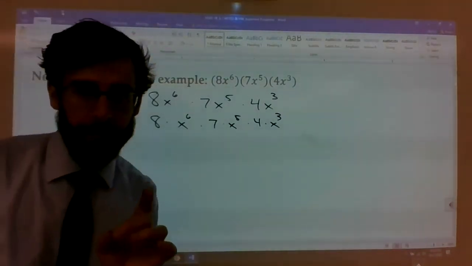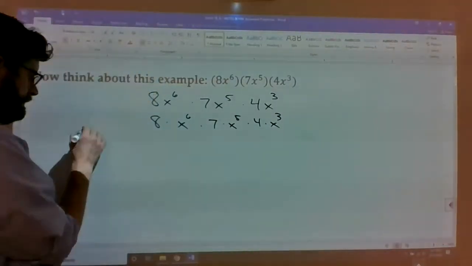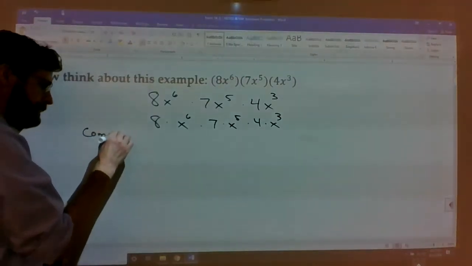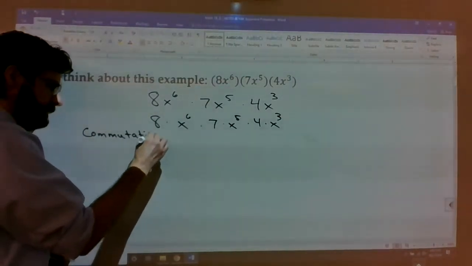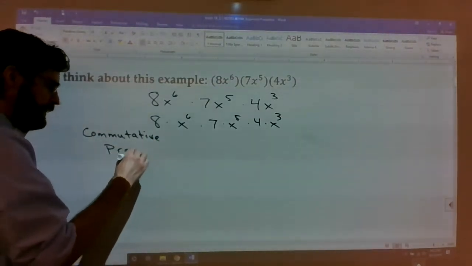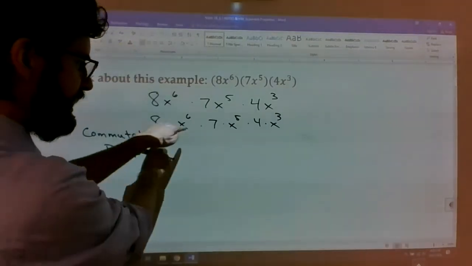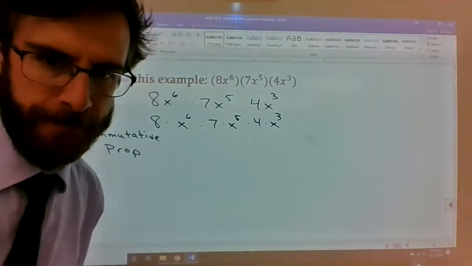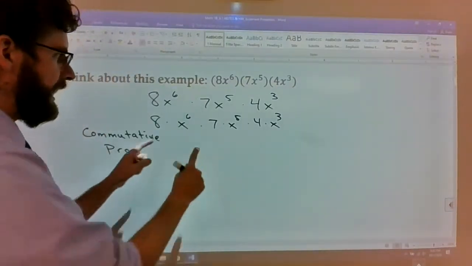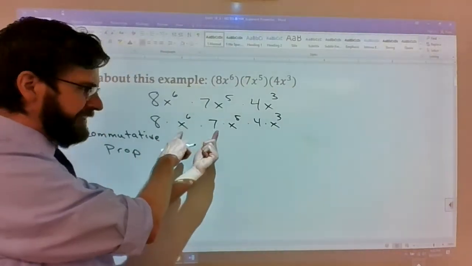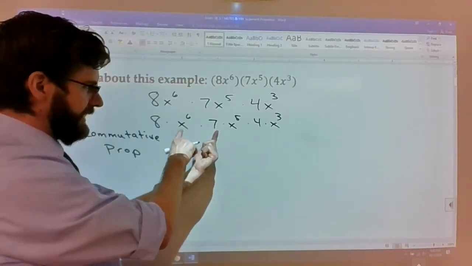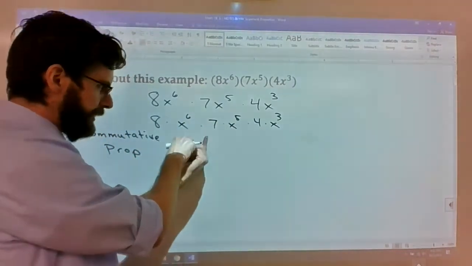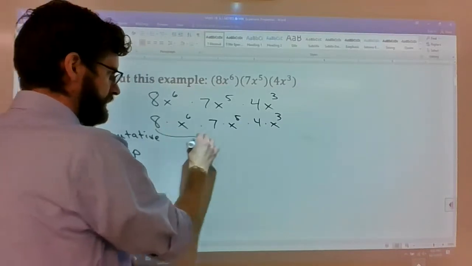And there's this property. It's called the commutative property. Which allows us to rearrange the terms to get the like terms side by side. So what I mean by that is, I'm going to rearrange it so that the 7 is right by the 8, and then the 4 is going to be right by the 7 and the 8.